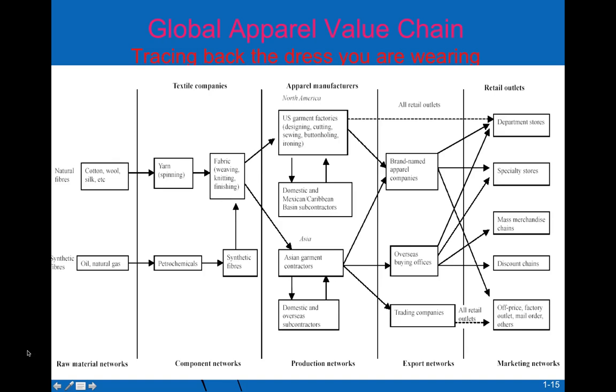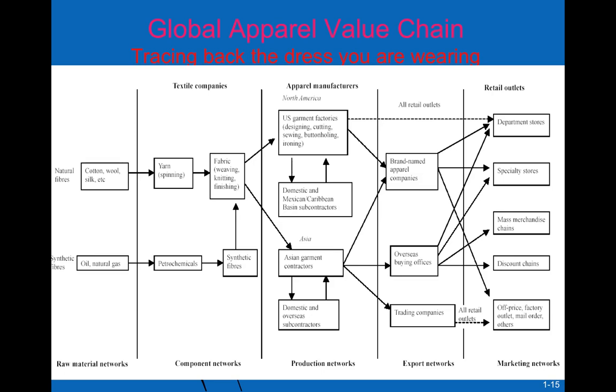So the retail outlets, the department stores, the specialty stores, mass merchandise chains, and so forth, discount chains, they, as you can see, would have to then place orders to the distributors, right? And so you have the sort of distributors, or the export networks, the people who are responsible for taking the product from wherever it was manufactured to get it out to those stores.